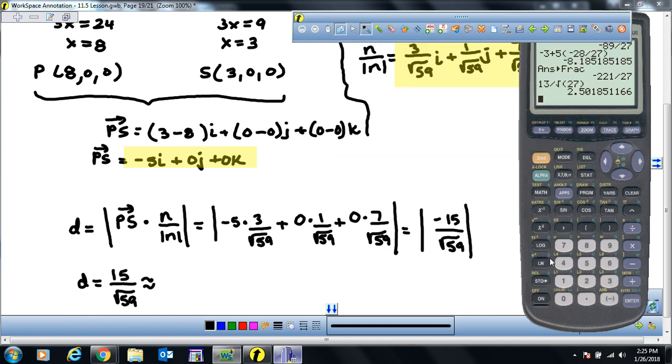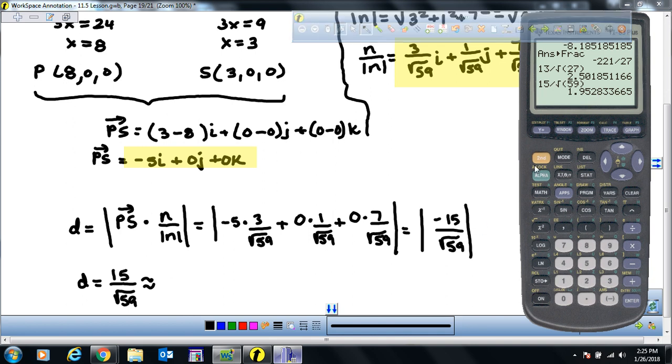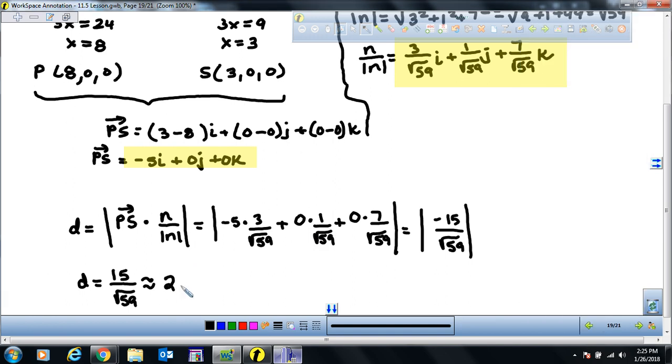So the approximate distance between the two planes is about 1.95. I'm going to round to the nearest tenth, so it would be about 2.0 units. So this will be approximately 2.0 units.